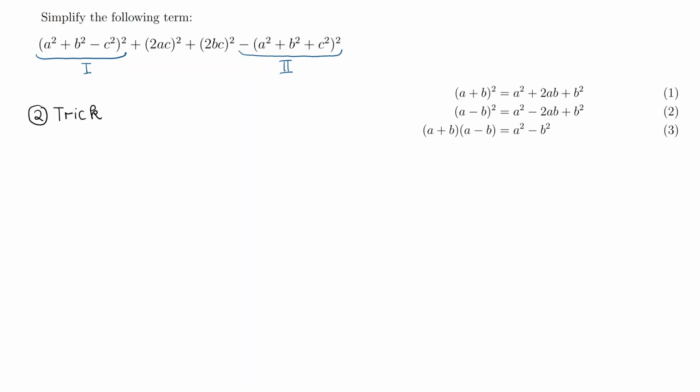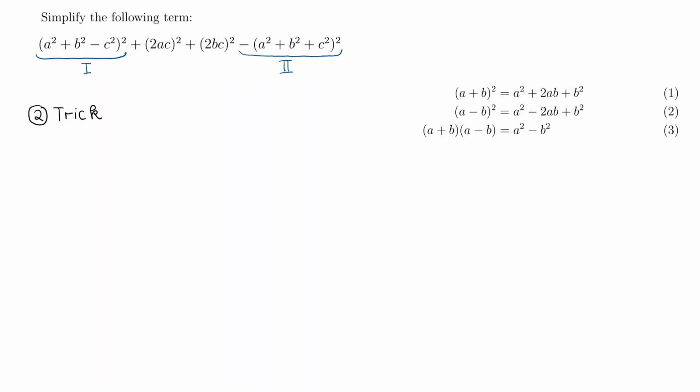But let's have a look at the third binomial formula. What do we see? We see here a squared minus b squared, which is the same as this one. And now if we have a look once again at our 1 and our 2, we have here something which is squared, and then we have minus this which is squared.